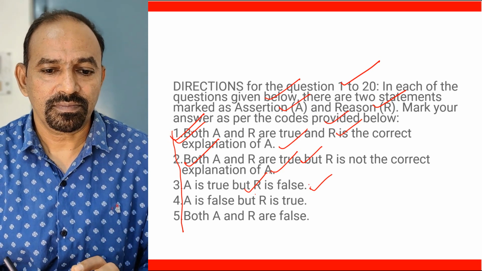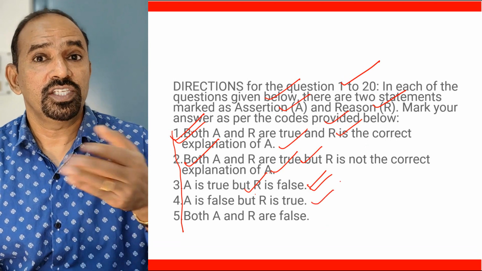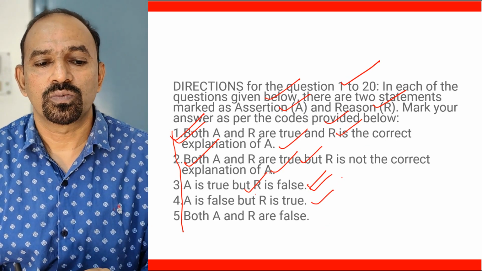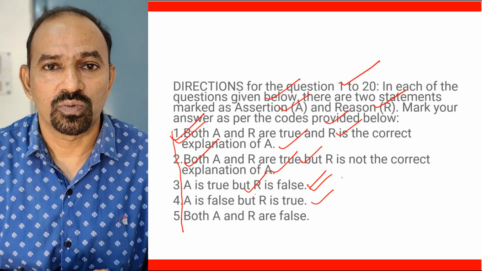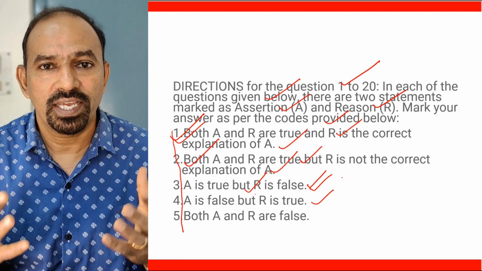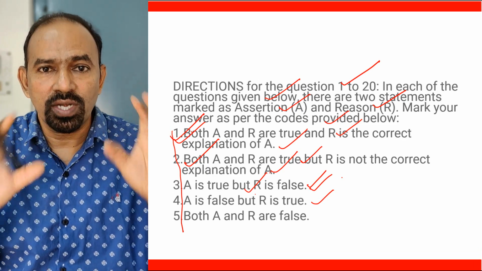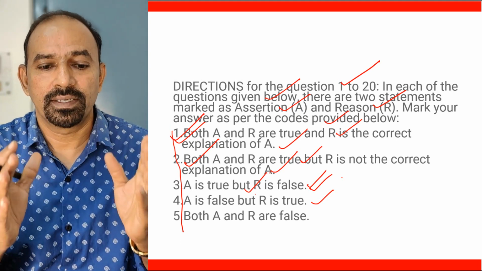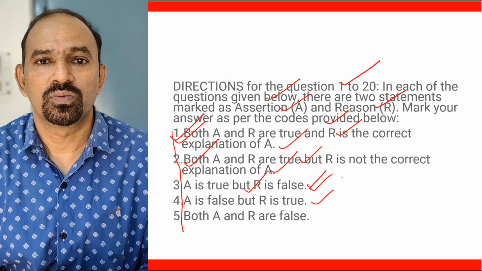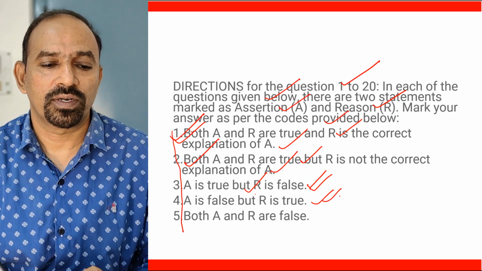Then the fourth scenario. A is false but R is true. The assertion is false but the reason is true. You can expect questions like this also. The assertion sentence, the claim sentence, is not related to your textbook or story or poem, but the reason is true. So you can choose the fourth one.